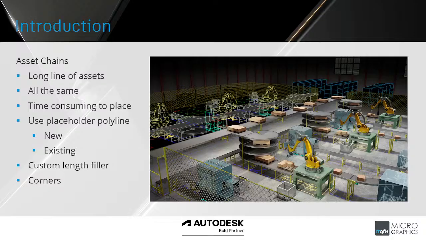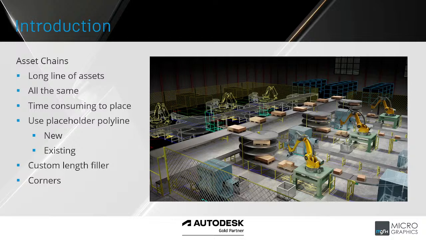You would draw a polyline inside of AutoCAD, or you may even have existing models or layouts where you have polylines drawn in to represent where your conveyor belt goes, where your fencing goes. And you've set a width of that polyline to show the width of the conveyor belt or asset that would run along that line. And so you can use those existing polylines and convert them into an asset chain. Or if you have an asset chain that you want to use, you can draw that polyline from scratch.